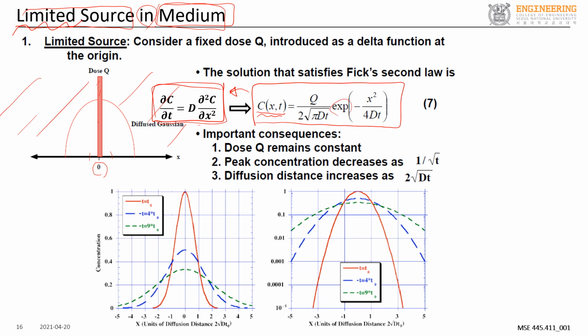There's an exponential function, and we set the starting point as 0, and then it will be symmetric as expected. So this is the shape of this Gaussian profile at different times. This is the linear scale for concentration, and this is the log scale for the concentration.